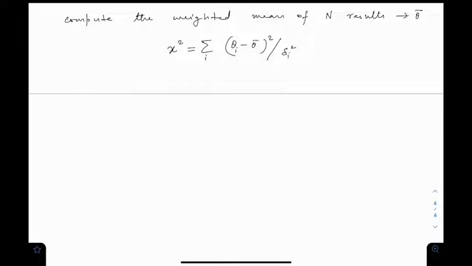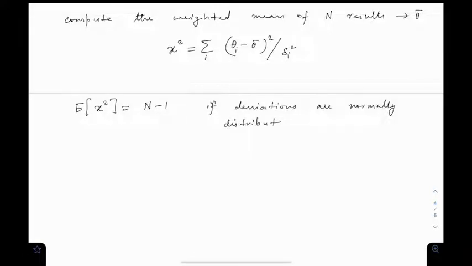The expectation value of this quantity is n minus 1 if the deviations are normally distributed with variances delta i square.